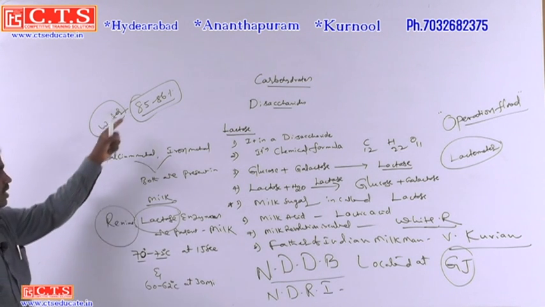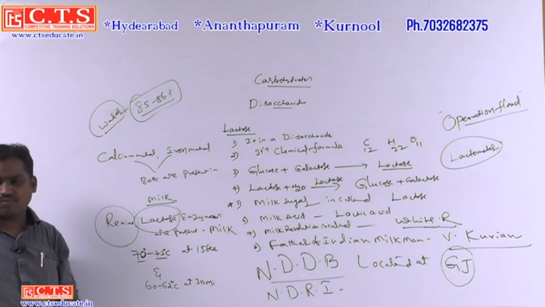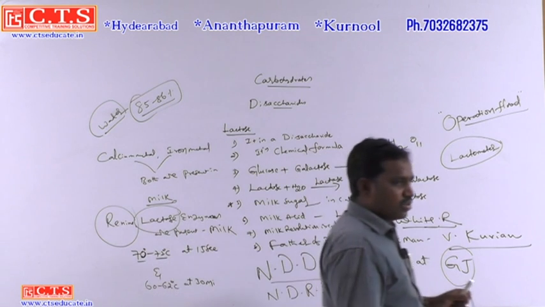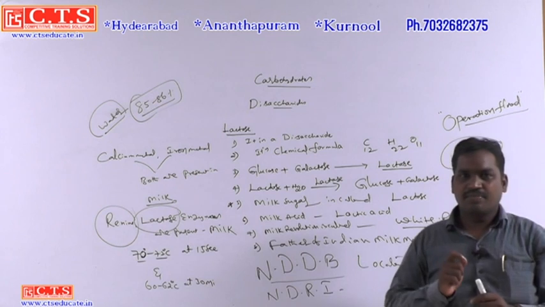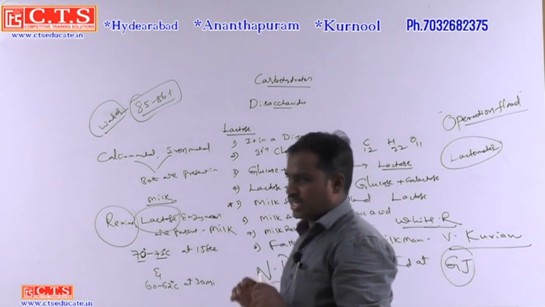These are the total information about lactose. Once again, repeat: lactose is a disaccharide. What is a disaccharide? The combination of two monosaccharides to give one disaccharide.